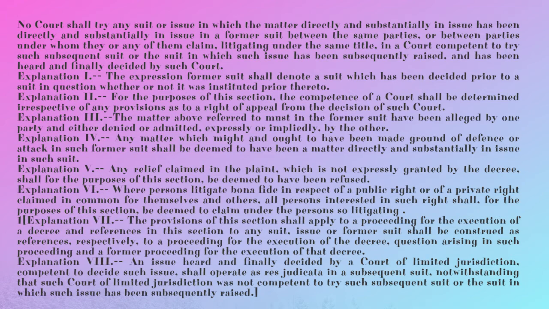Then after 5 or 6 months, suppose A again went to the court in this manner, and so on. So how long will the parties disturb the court? How long will the precious time of the court be wasted like this? There should be some sort of end to this. So, keeping all these things in mind, section 11 has been included in the Code of Civil Procedure: there must be an end of litigation.